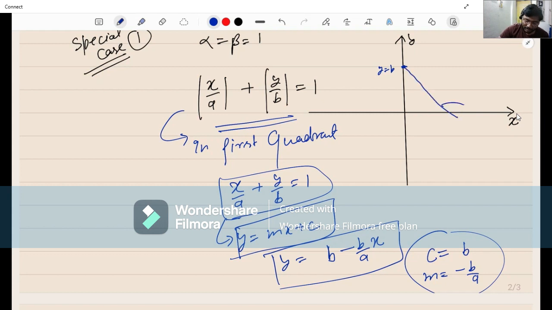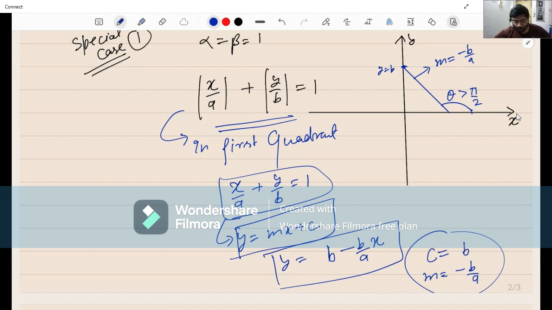So this angle is greater than 90 degrees, so this theta is greater than pi by 2. So this line passes like this, and this is the angle. The slope of this line is m equals minus b by a. So we saw here that this equation looks like this.